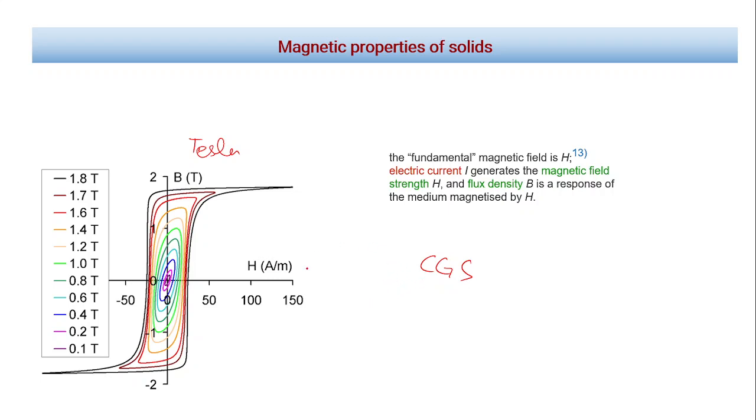For magnetization it's usually EMU per cc or EMU per gram, and for this it is Gauss.